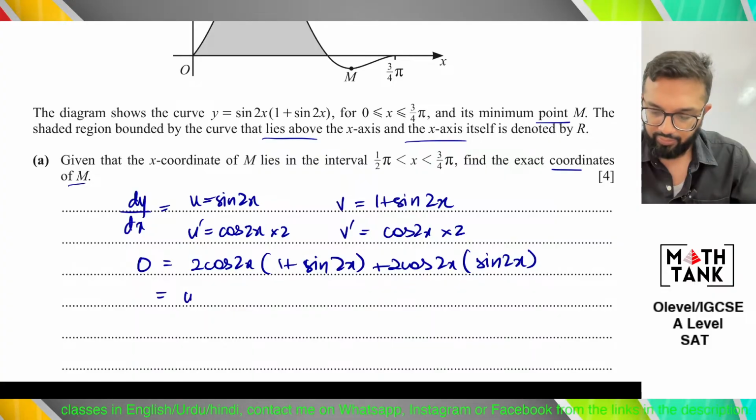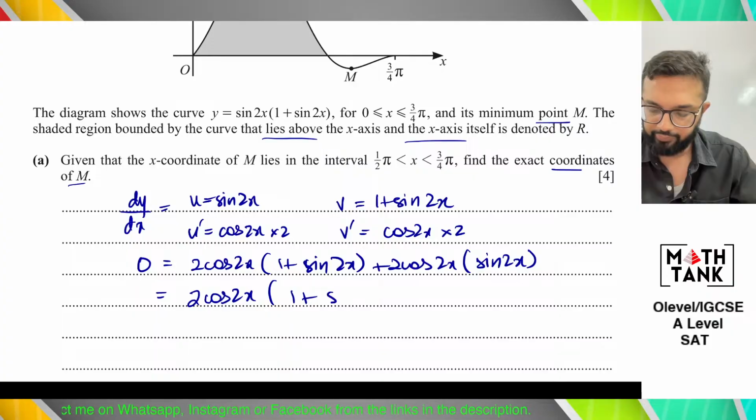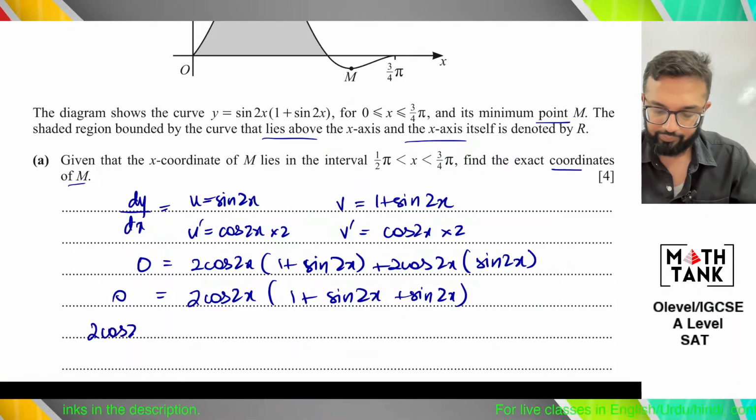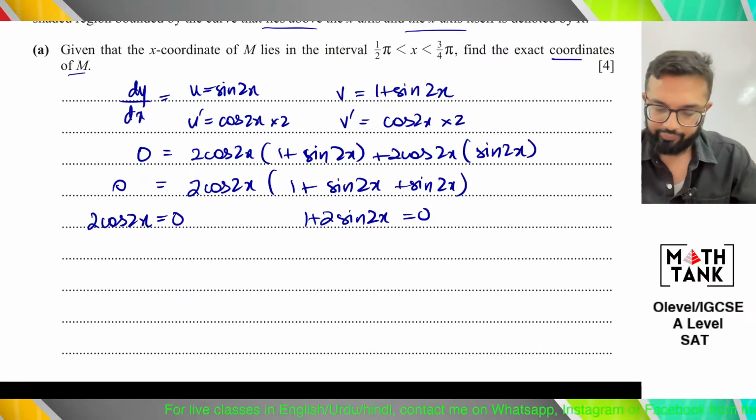The next step always is to take a common. That's the easy thing to do. So either this equals 0 or that equals 0. So cos 2x equals 0.